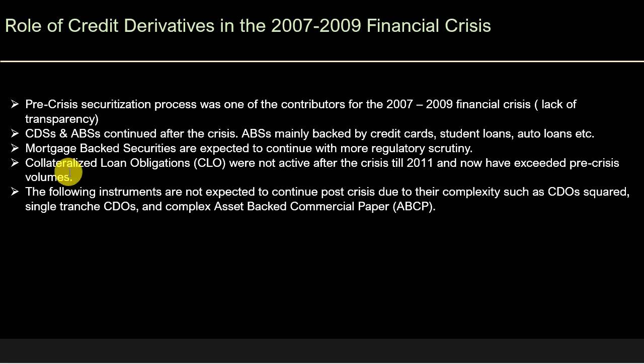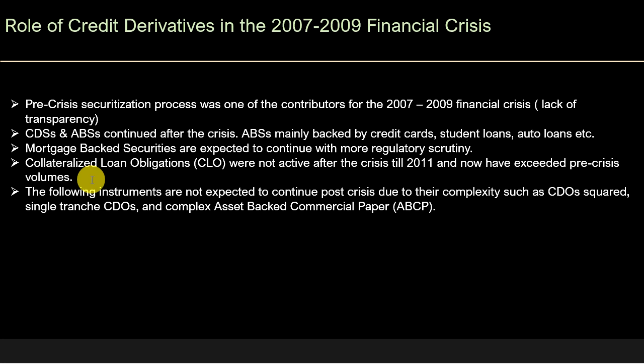Also, the collateralized loan obligations. After the crisis, the collateralized loan obligation market was not active until about 2011. But now it has come back and it has exceeded the pre-crisis volumes. In other words, there's quite a lot of collateralized loan obligation trading taking place at the moment.